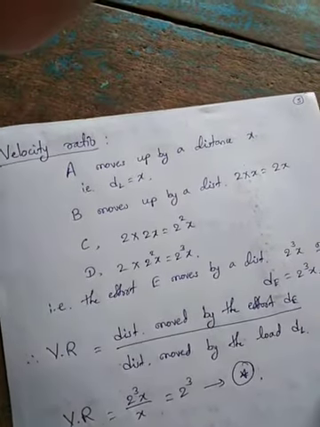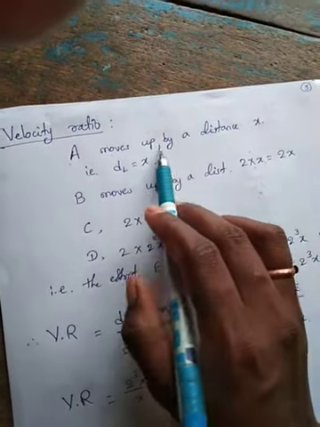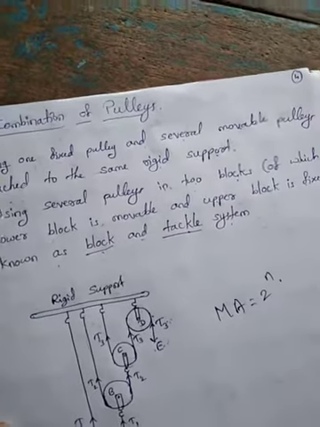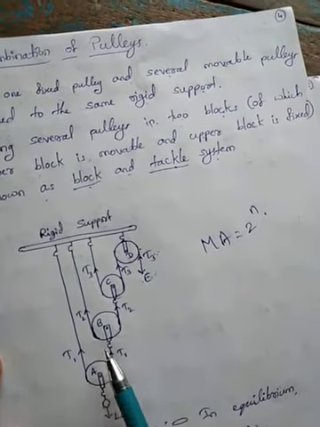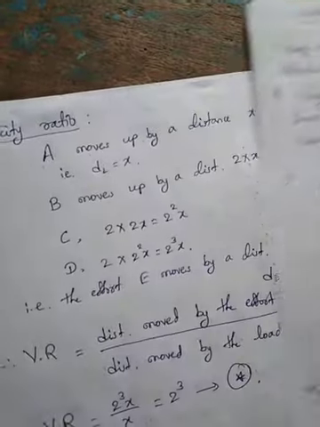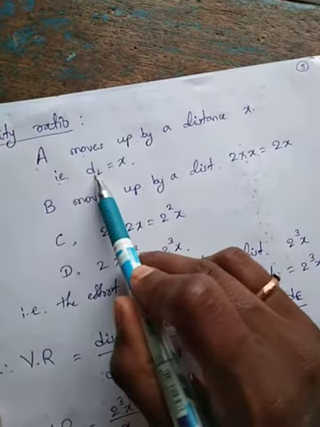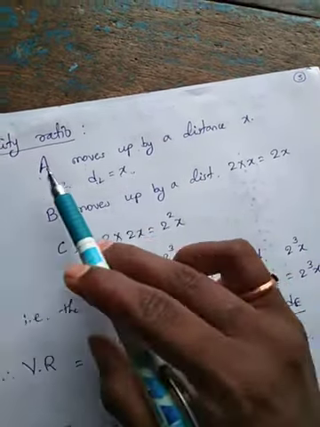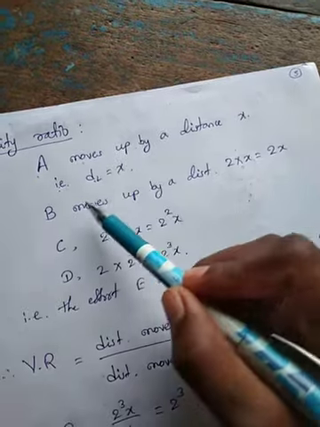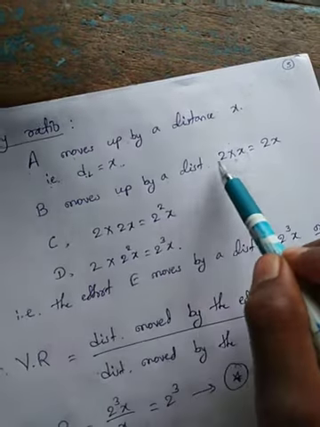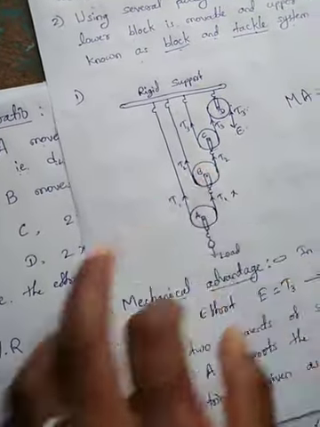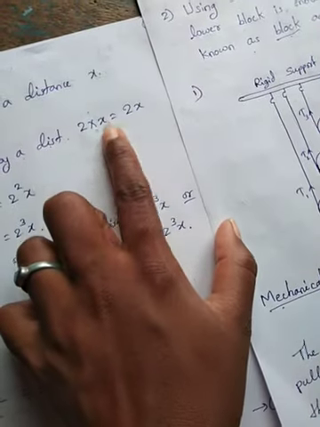Next, velocity ratio. See in this diagram, if A moves up by a distance x, that is dl is equal to x. That A holds a load L, so the distance dl is equal to x, and B moves up by a distance 2 times x, that is 2x.